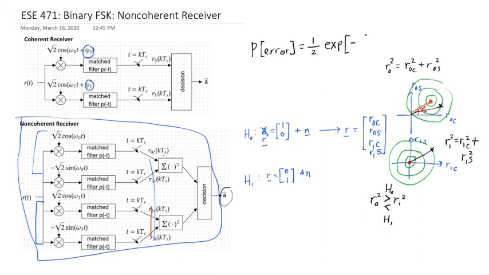We take Eb over N naught and divide it by 2, take the negative of that, take the exponential, and multiply by 1/2. That's our probability of bit error, or equivalently the probability of symbol error in binary FSK. I highly recommend reading through that derivation if you're interested, but the result is that for non-coherent binary FSK, this is how we calculate the probability of bit error.